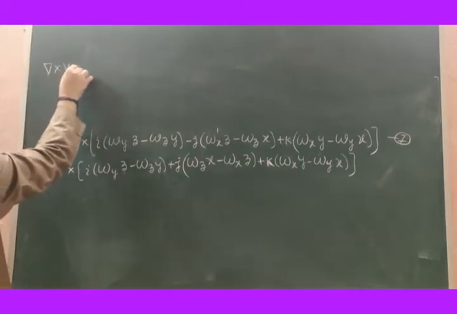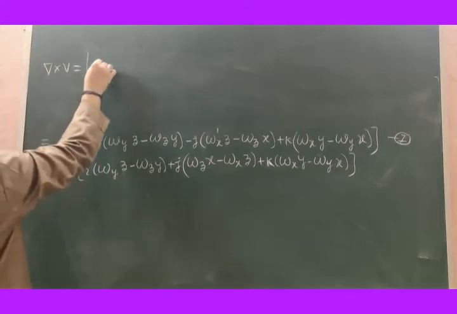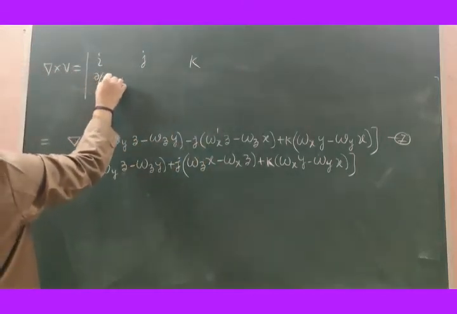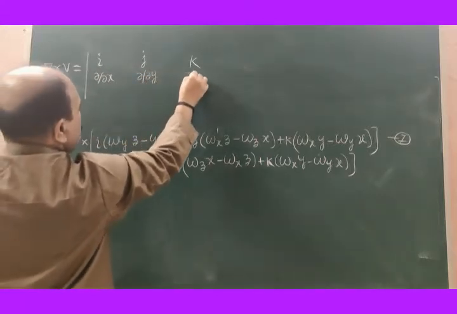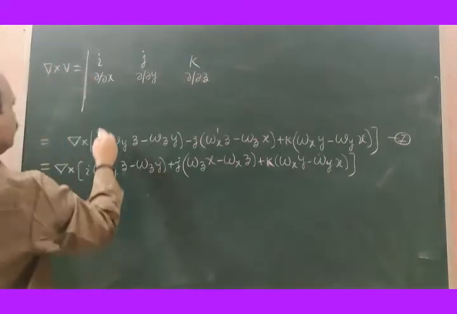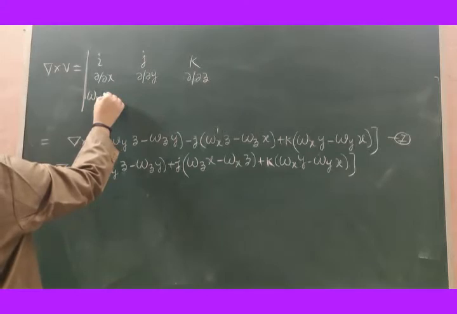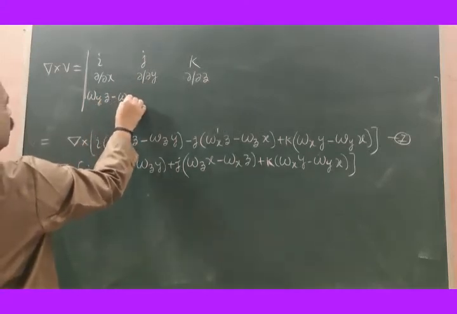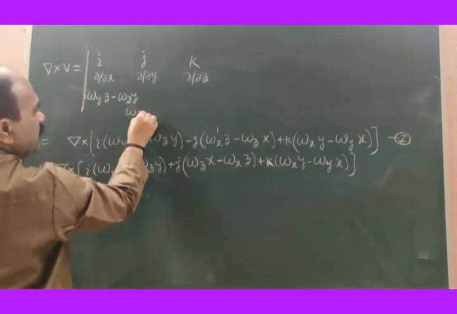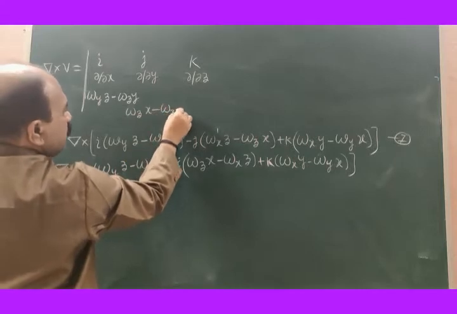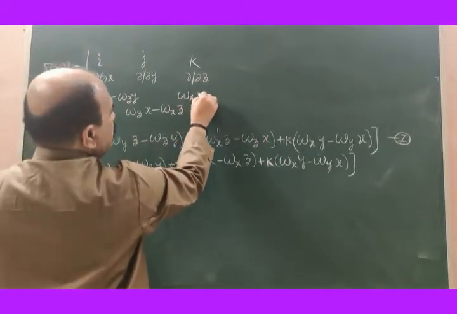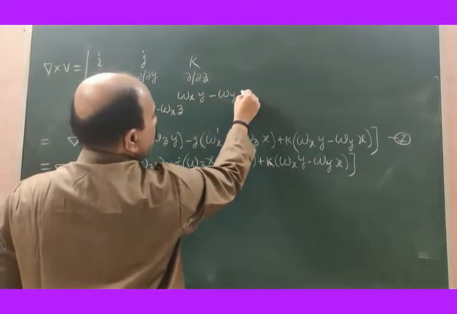Del cross V or curl V is equal to i, j, k, dou by dou x, dou by dou y, dou by dou z, and now this term is here, omega y z minus omega z y, here omega z into x minus omega x into z, and the third term omega x into y minus omega y into x.